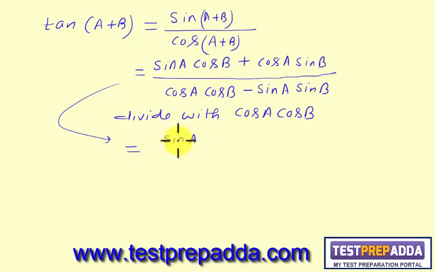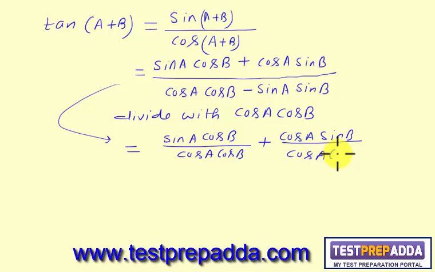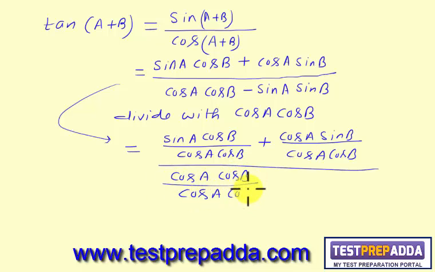So, this will be written as sin A cos B upon cos A cos B, and here cos A sin B upon cos A cos B, divided by cos A cos B upon cos A cos B minus sin A sin B upon cos A cos B. So if you check here, cos B will get cancelled.